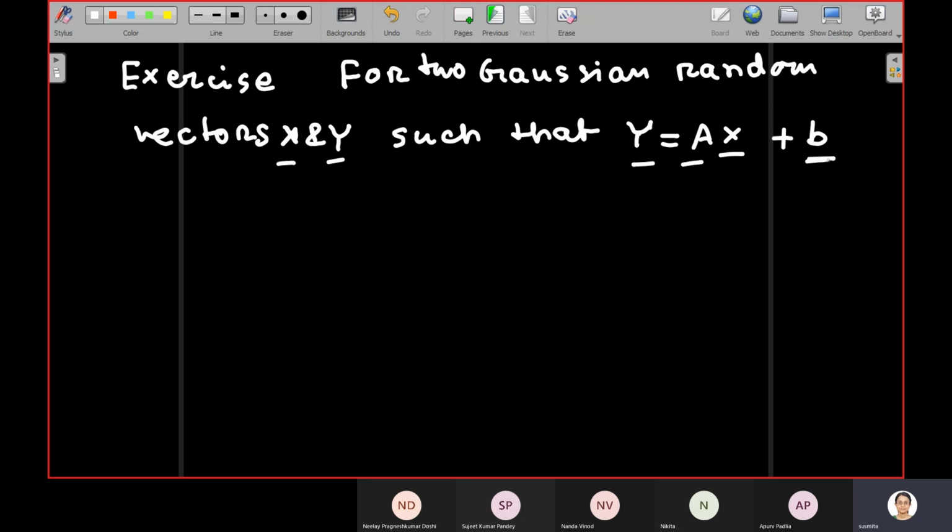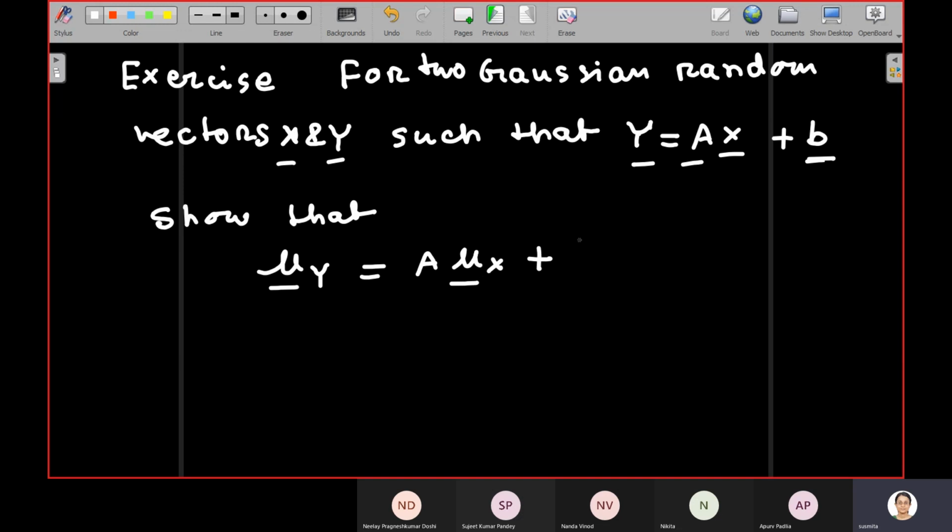A and B are deterministic. Show that the mean of Y is given by this, where mu x is the mean of x, and the covariance of Y is A times the covariance of x times A transpose.